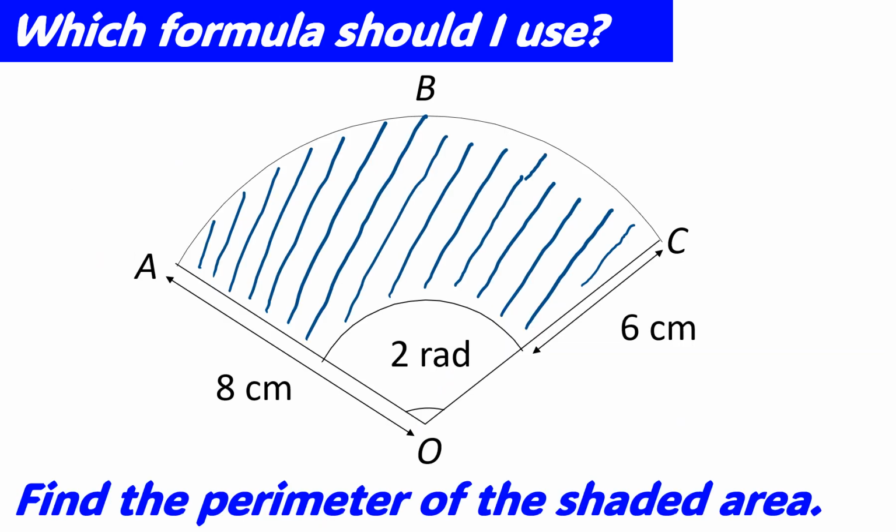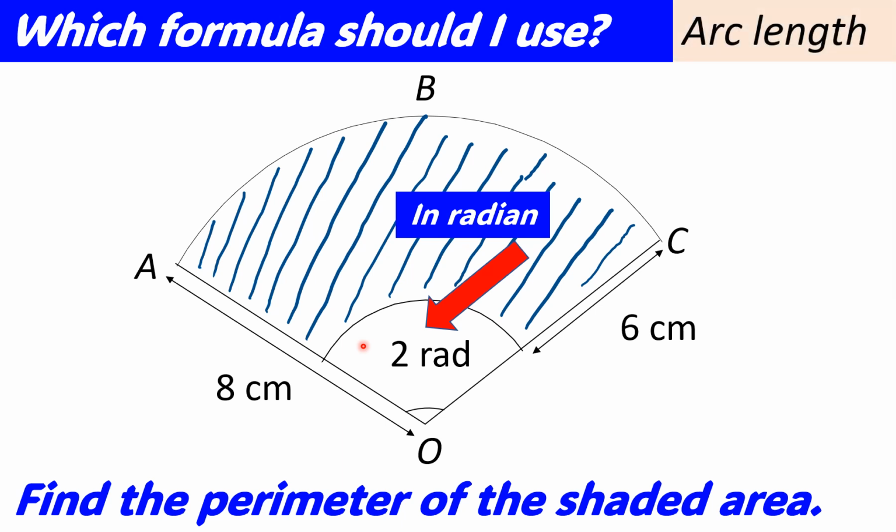Let's take a look at the next example over here. In this case, the angle given is in radian mode. In order to find the perimeter of the shaded area, what we will need is to find arc length. The perimeter that we are talking about here will be here.